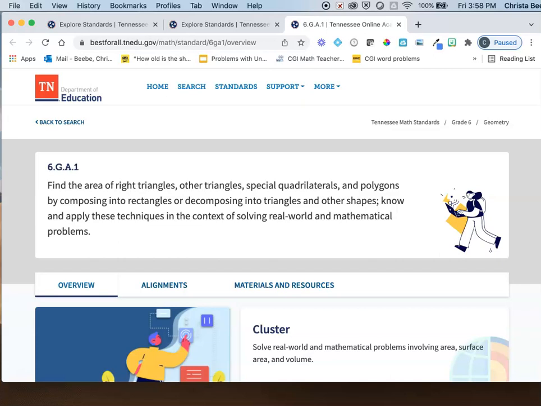So when I think about how closely this aligns to my 6th grade standard, it's a little off because it's really more aligned with those 3rd and 4th grade standards where it was about rectangles and using the squares. This doesn't really reach what my 6th grade standard shows me at all.